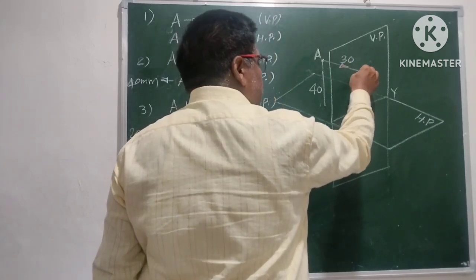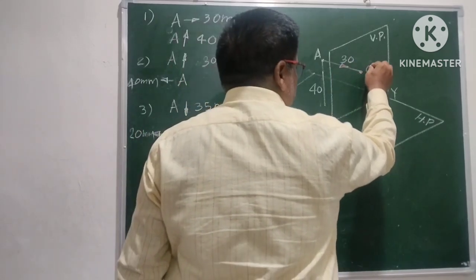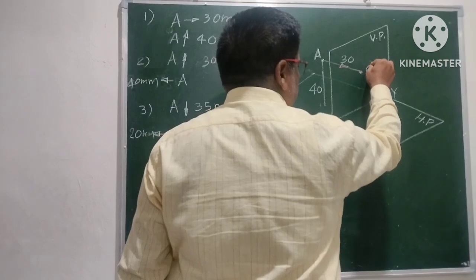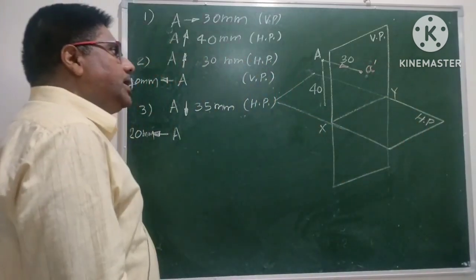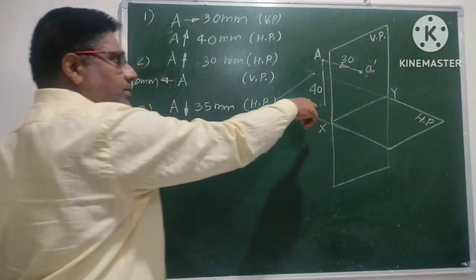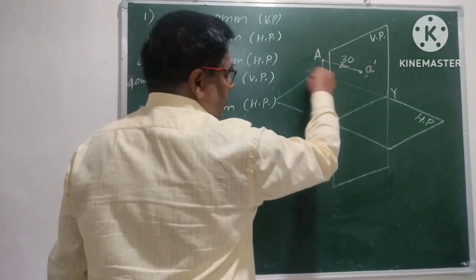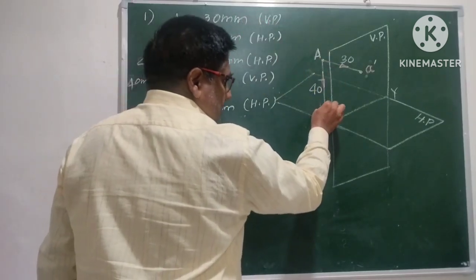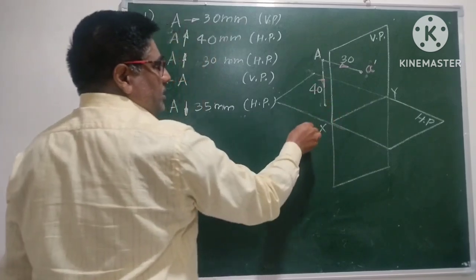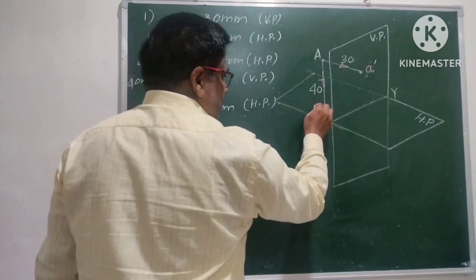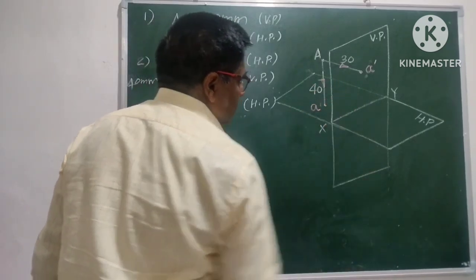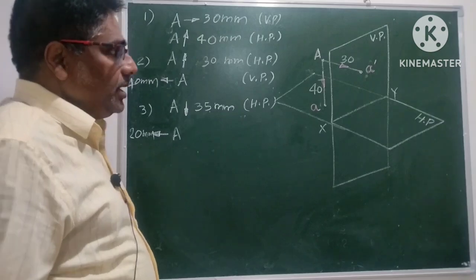This will give you the front view as A dash. To get the top view of this point, we need to project this point on the horizontal plane, such that it will give us the top view as A.